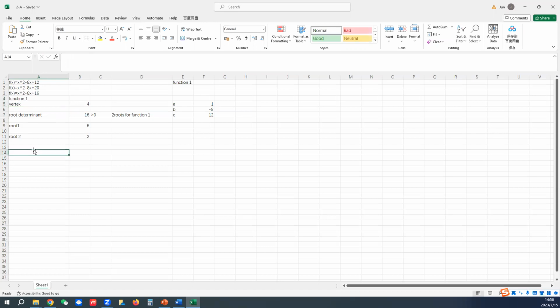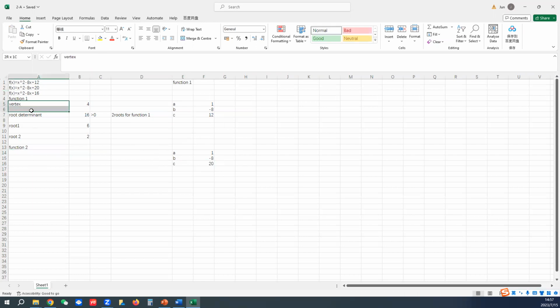For function 2, you can do the same thing, right? In that case, for function 2, we just copy and paste. The only thing that changes is c. C is changed into 20.